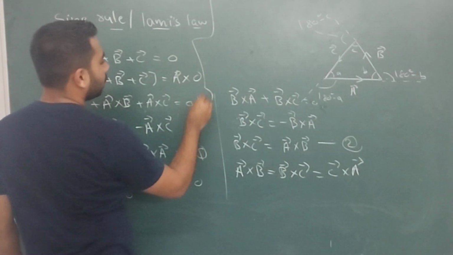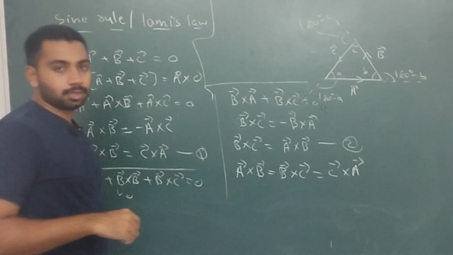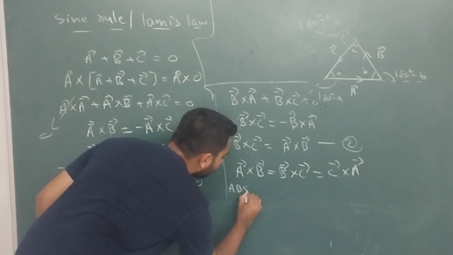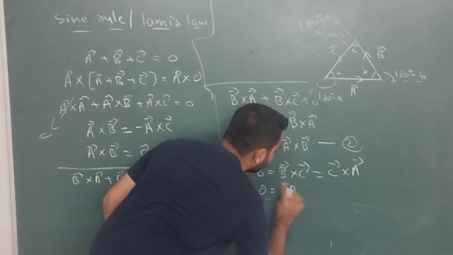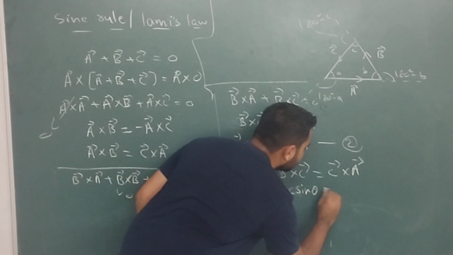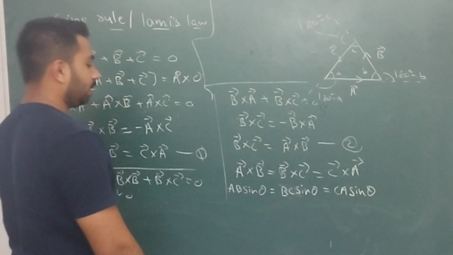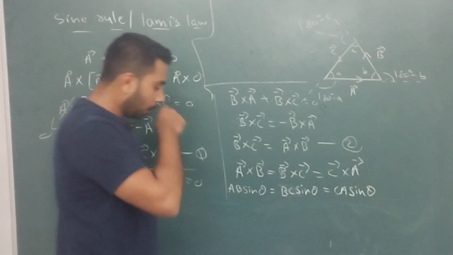Now I will use this area. Now see, cross product. So can I write like this? AB sine theta, BC sine theta is equals to CA sine theta. We are just writing the cross product full form.